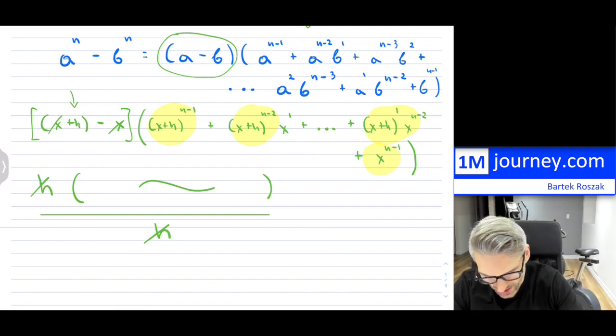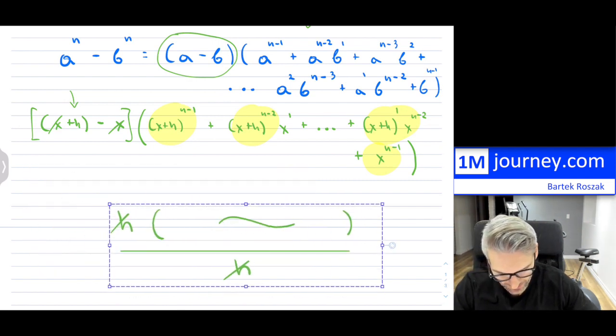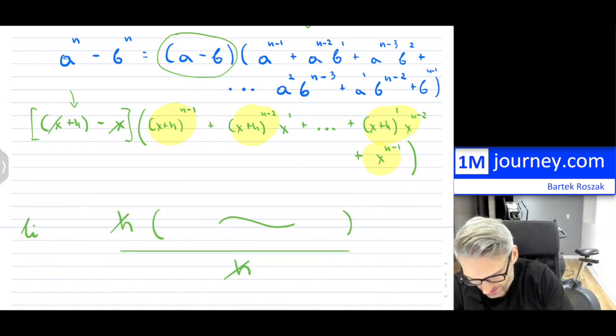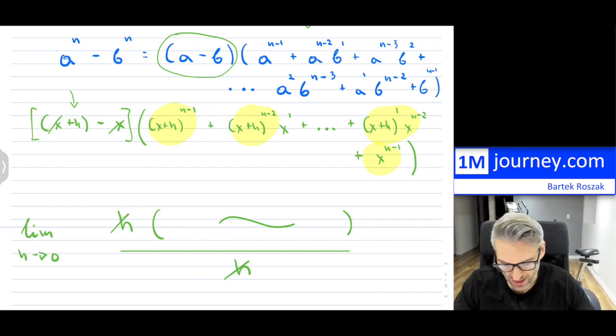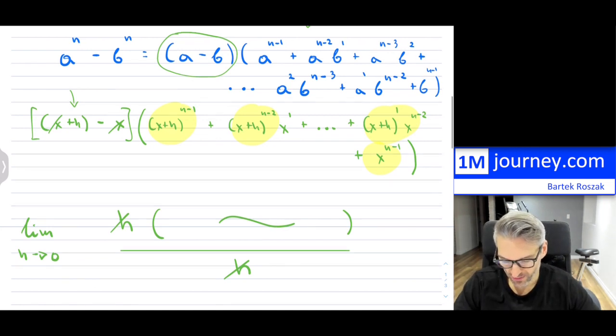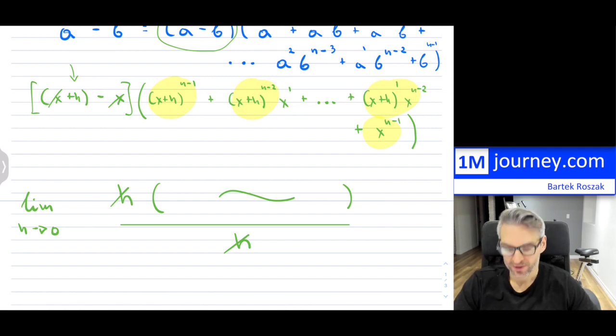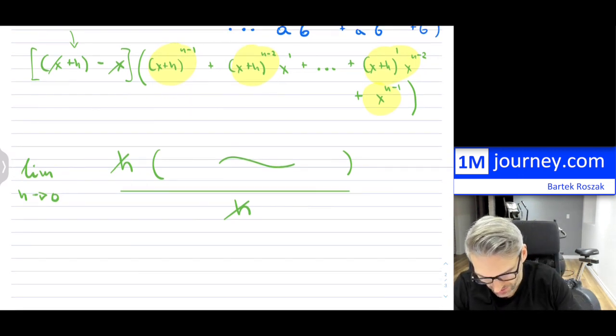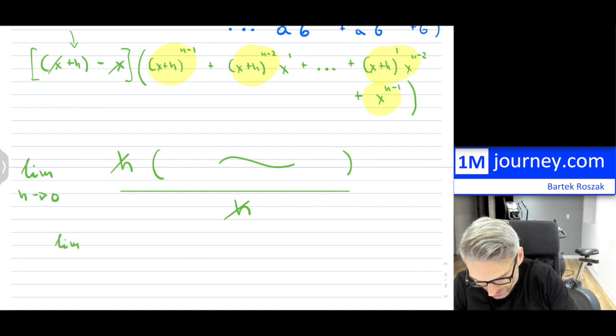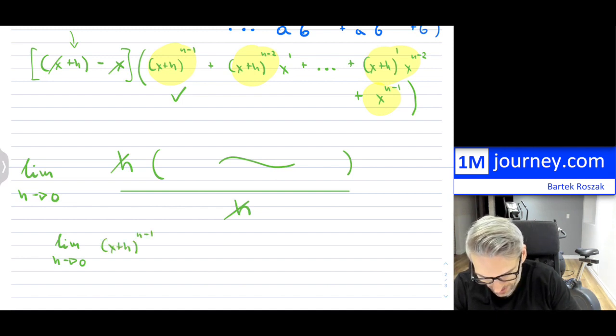And now we can actually apply the limit, as h is approaching 0. Therefore, you really only have that bracket. Having that bracket, you can now use the limit properties for every single term. So all of this is gone, and this is going to be the limit as h approaches 0 of the first term, which is (x + h)^(n-1), plus, now I'm bringing in the limit inside because I can do that by limit properties.